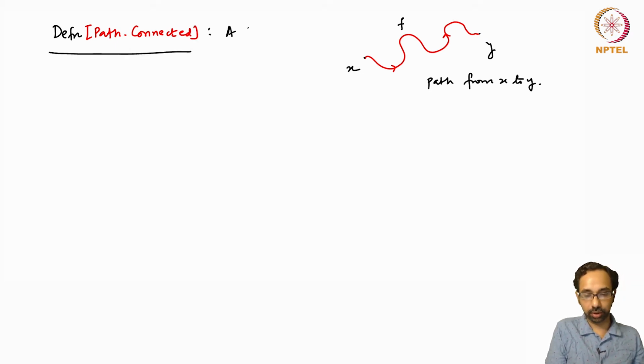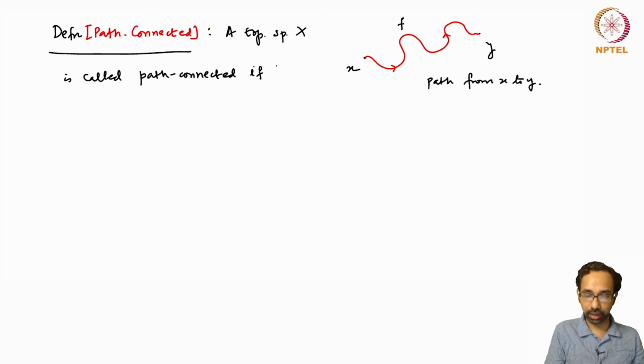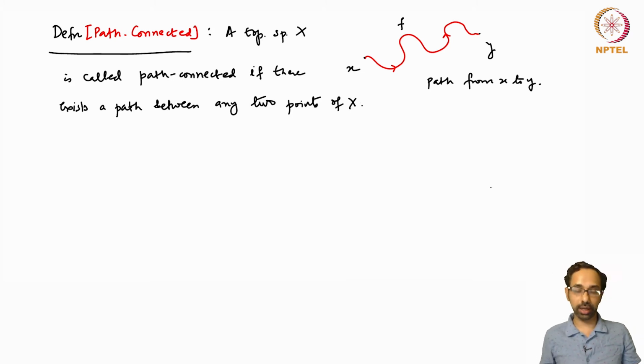So a topological space X is called path connected if there exists a path between any 2 points of X. So any 2 points in X can be joined by such a curve.